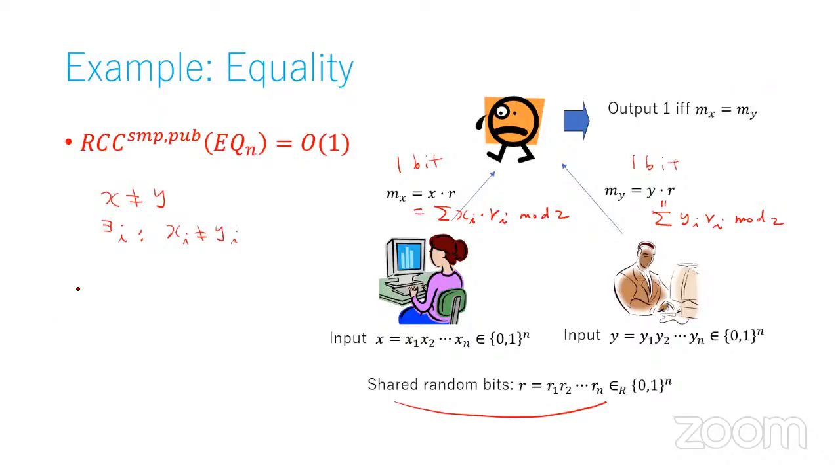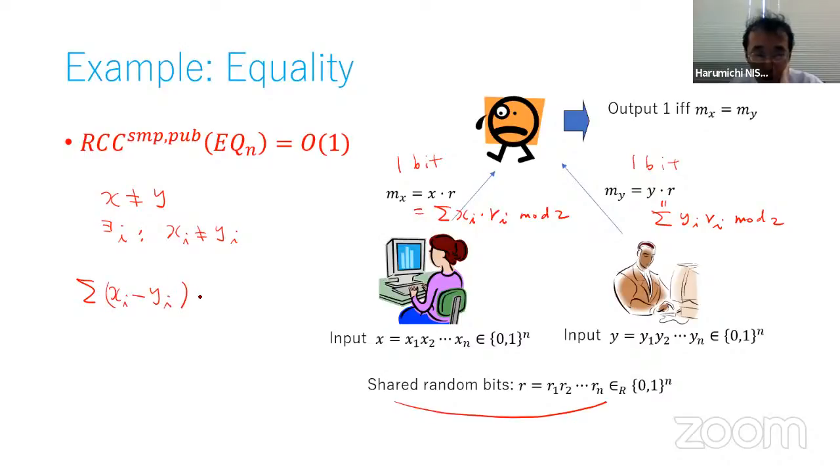So we consider this sum of xi times Ri mod 2, this value. If this value is 0, then this message and this message are equal. But if this is not 0, then output 0.